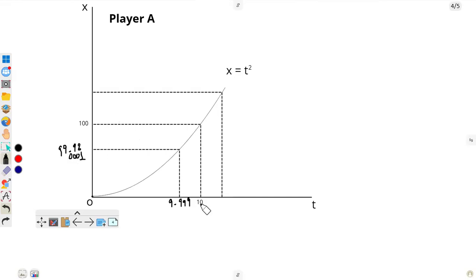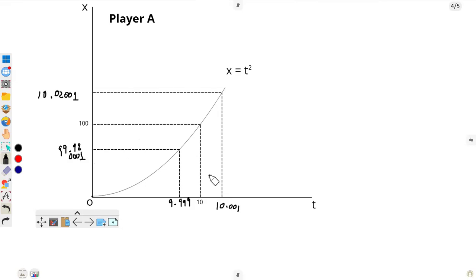And at t is equal to 10, it was 100, and at t is equal to 10.001, it was nearly equal to like 100.00001, something like that, right? It was something like that.